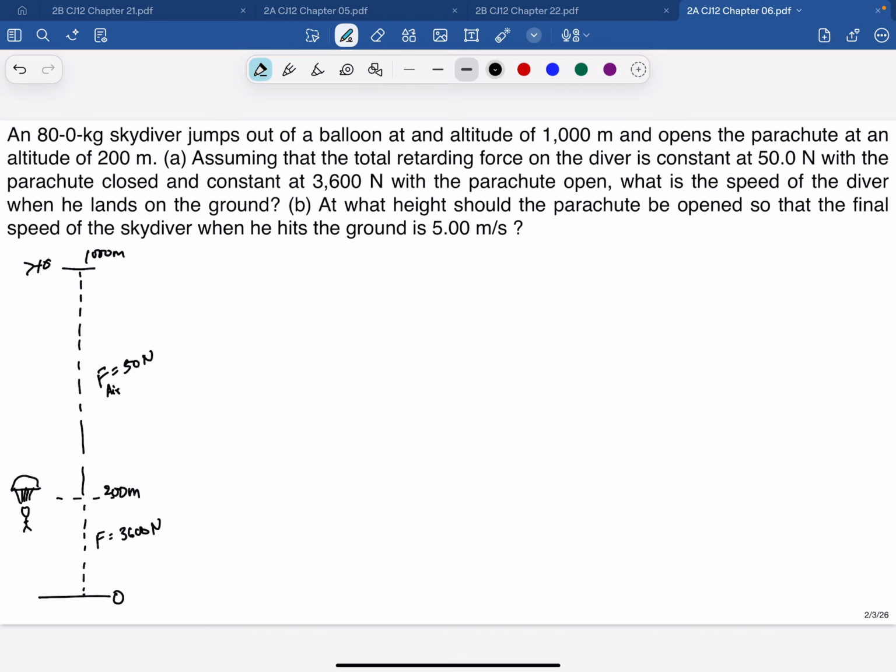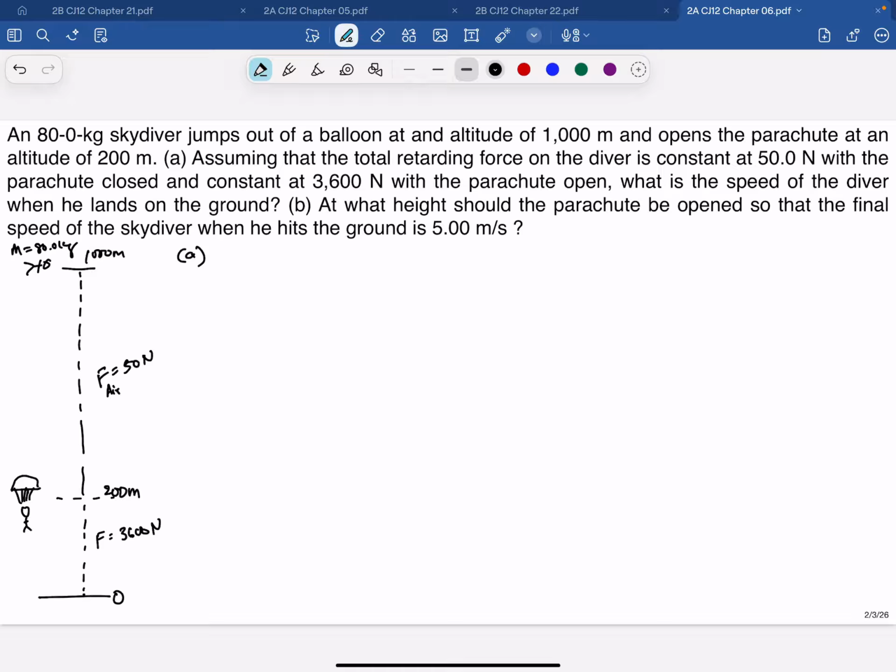And I can write down the mass of the skydiver, 80 kilograms. Check my units. Everything's in meters, newtons, and kilograms. That's good. Part B has a different number in it, but I'm not going to worry about that because I'm doing part A. Part A first.